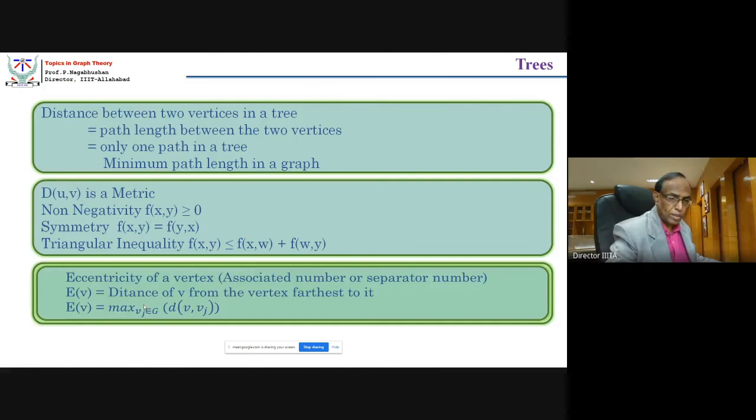Now we shall introduce one more interesting concept called the eccentricity of a vertex. A man is defined to be a friend provided he maintains good friendship with everybody. If a man or woman is not approachable at all, if he does not like to be approached by anybody, we call such a person an eccentric person, isn't it?